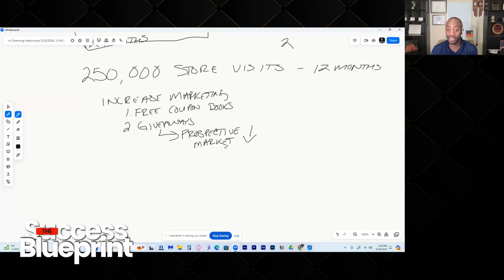And why would it decrease? Because if I'm just doing giveaways, then a lot of the people that I would ultimately want to come and purchase from my store, those people might end up having less income or less money, cash flow, to be able to come in and actually buy something from the store. Granted, this is only store visits. So typically, on average, not everybody that visits my store is going to buy something, since I'm only talking about store visits.